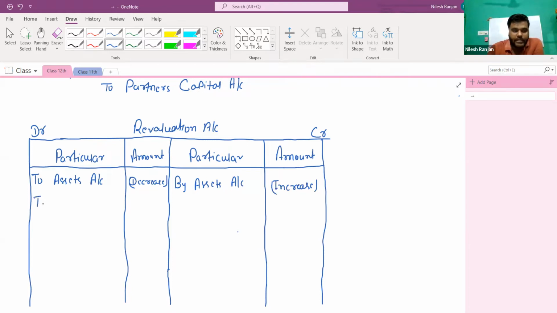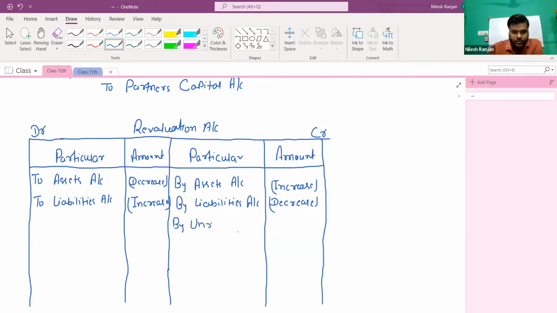If there is any increase in liabilities, then the increase will be written here. And if there is any decrease in liability, then that liability will be written on the credit side. There may be some unrecorded assets also.